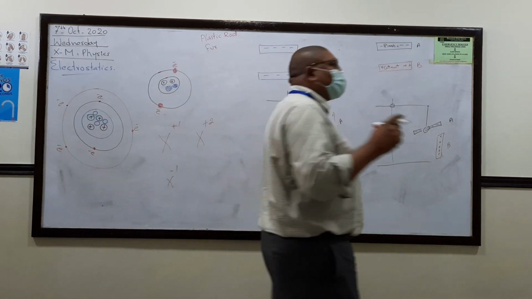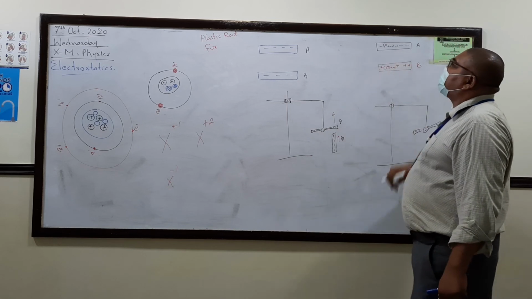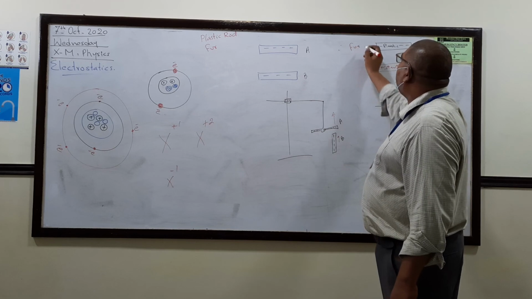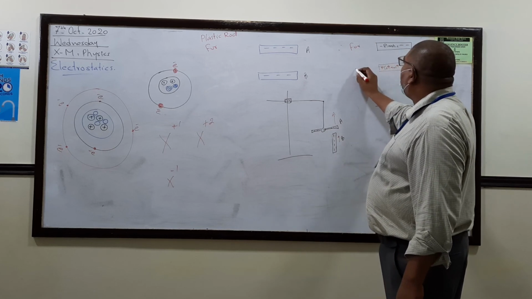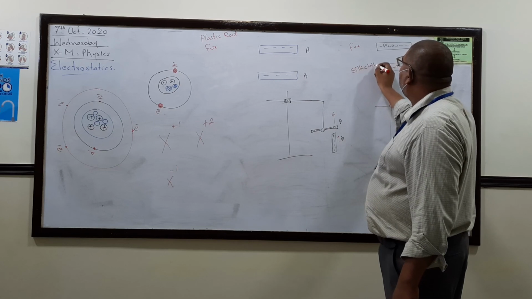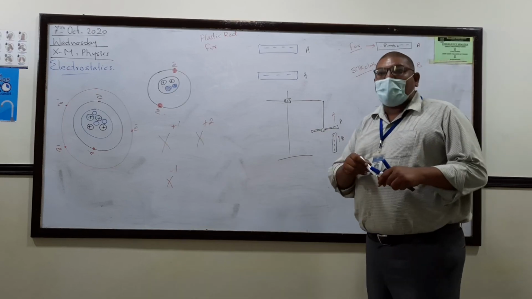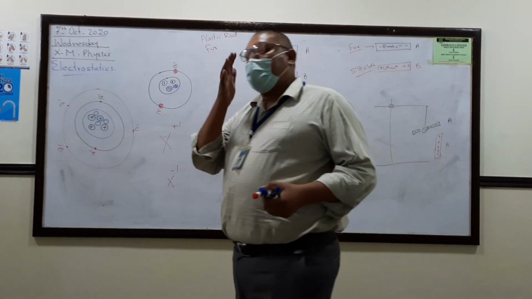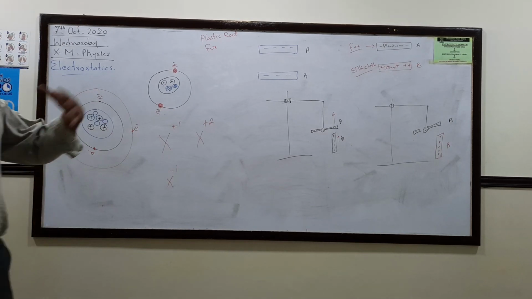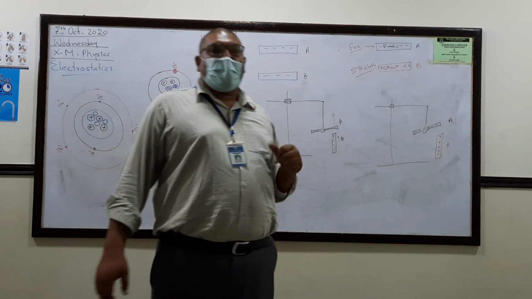In this second activity, I have a glass rod and a plastic rod, and the plastic rod was rubbed with the fur and the glass rod was rubbed with the silk cloth. So, according to your book, when I was trying to explain it, I used assumed names, but this is the exact wording which is in your book.